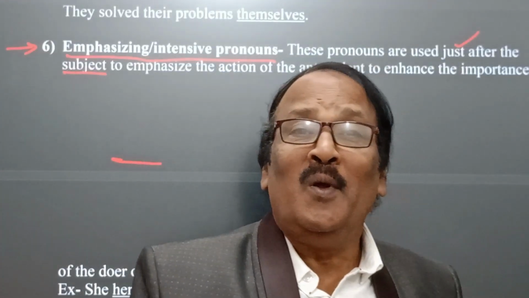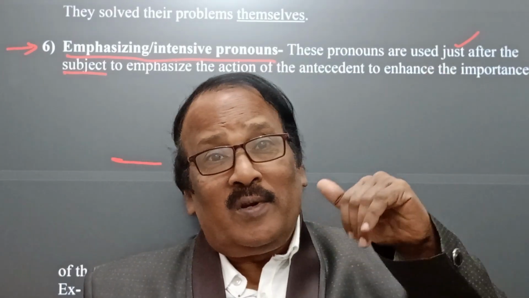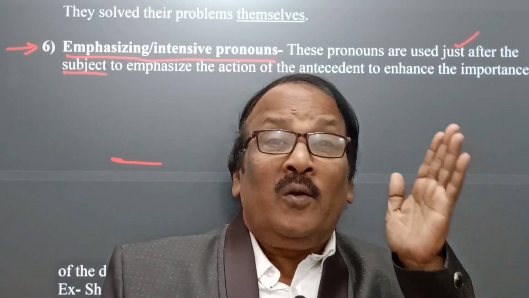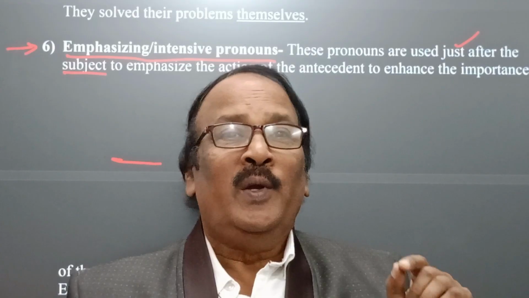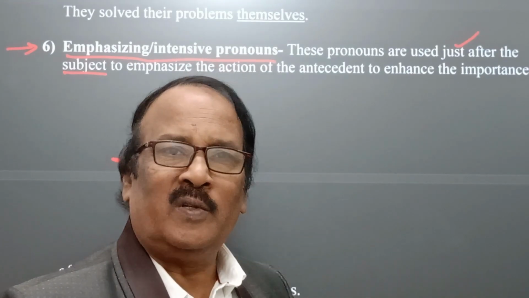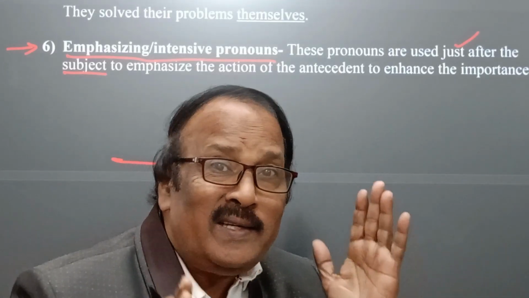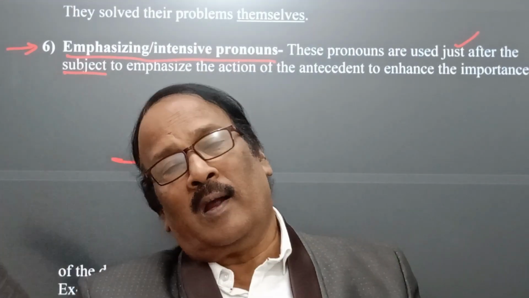So whenever we use the self form just after the subject to emphasize the doer of the action, in that case this is what we call the emphasizing form of a personal pronoun. Yes, very interesting idea. The self form can be used as reflexive and as emphasizing depending upon its position.